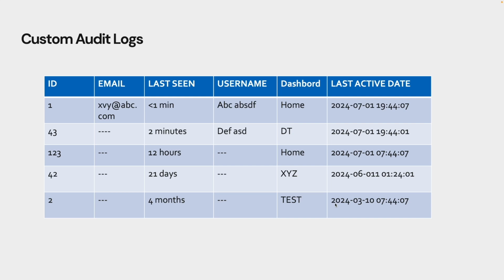Another thing that most of the customers care about, especially in a production environment, is some sort of audit log. Now, because we are using APIs, we can easily track who's accessing what information, when they logged in, and what dashboard they're viewing. So we keep another database with all the logging information, like the ID of the user, the email, when the user was last seen, the username, the dashboard they accessed, and the last active date, for example.